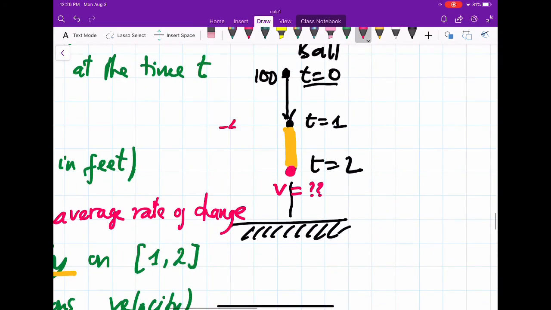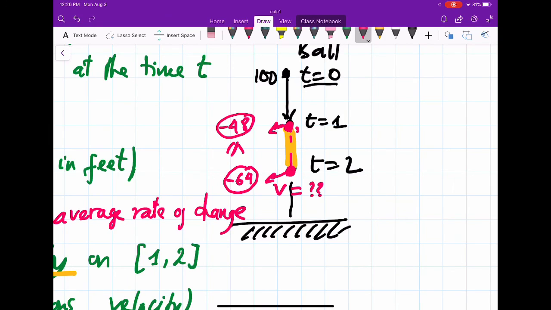Negative 48 is the average velocity on the whole interval. So usually, at this point the velocity is less than negative 48, and at this point you have negative 64, because this is much bigger than the average.